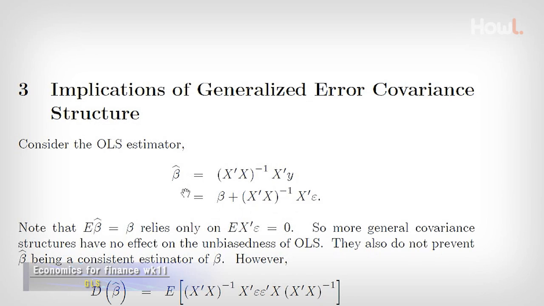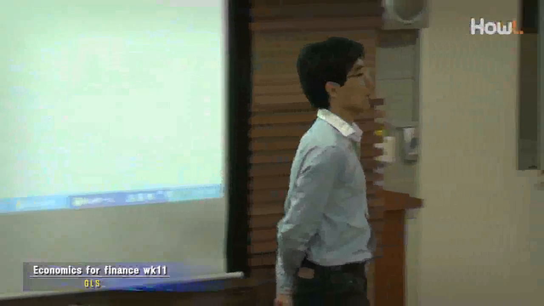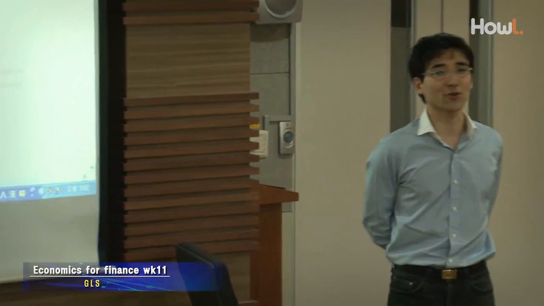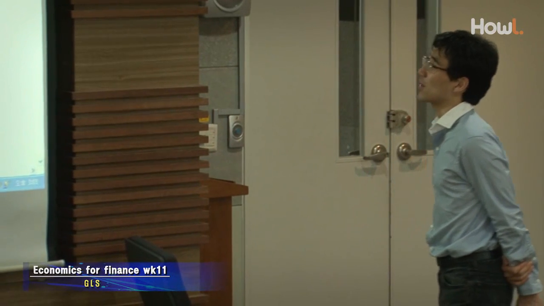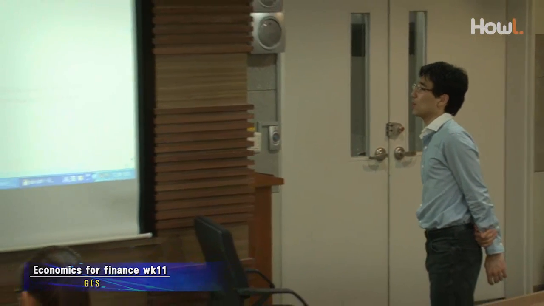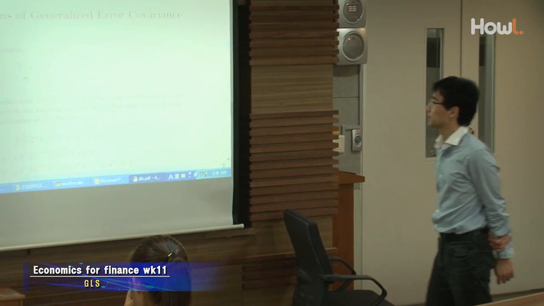Suppose, let's go back to our OLS estimator, and the OLS estimator looks like this. Basically, we suppose the error terms have a general structure like omega, and suppose we still apply OLS estimation, and let's investigate what happens.